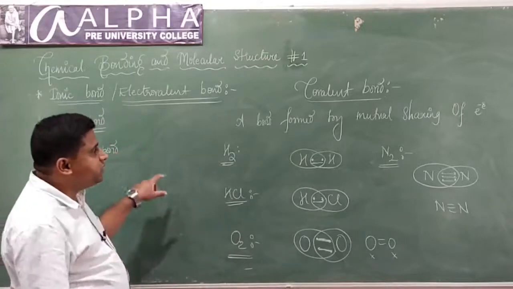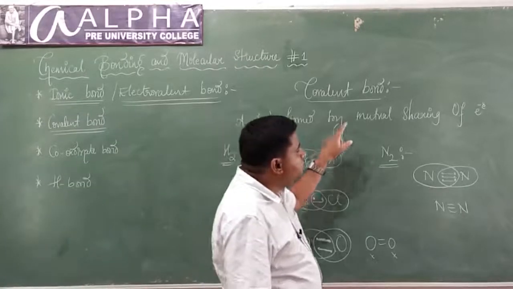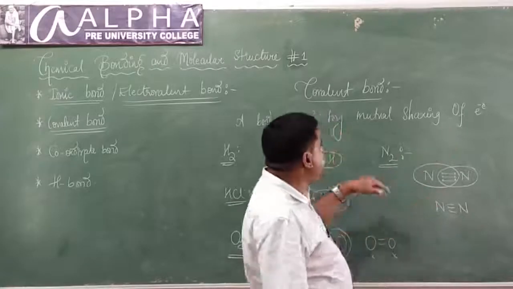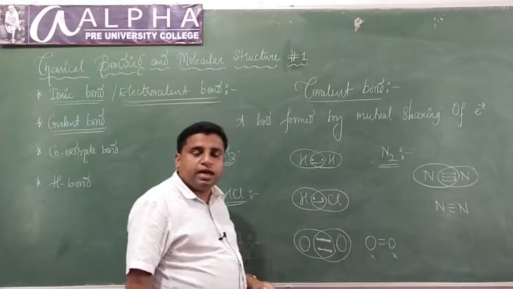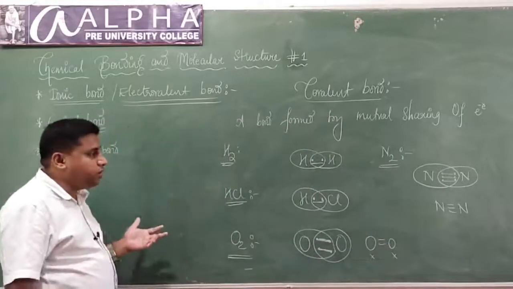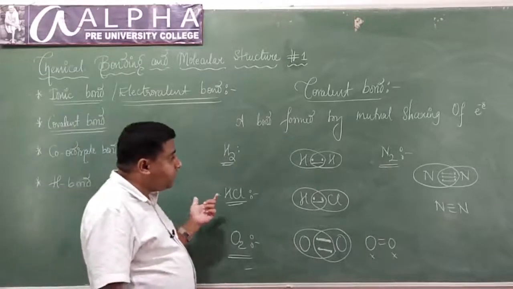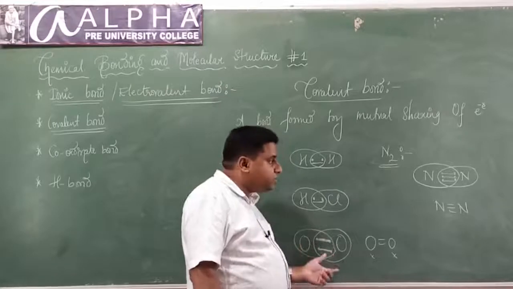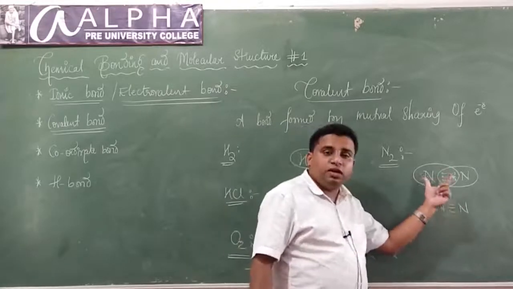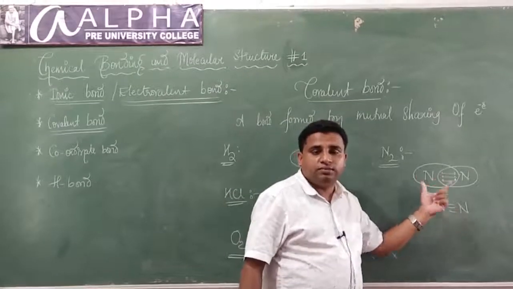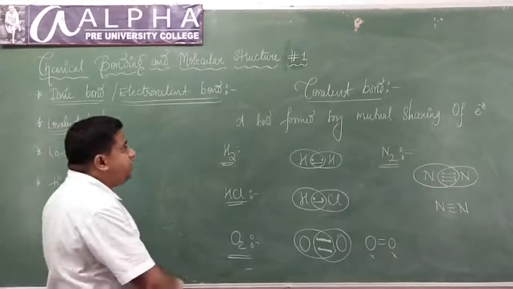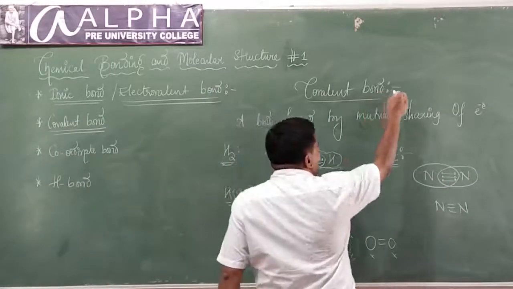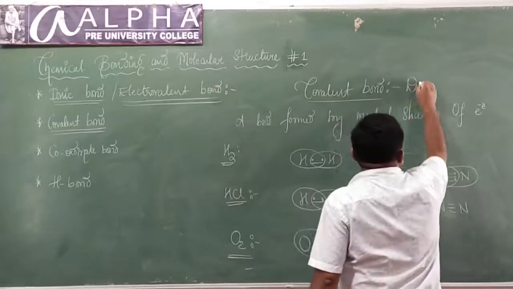So like this, a bond formed by mutual sharing of electrons is called what? Covalent bond. So there can be 1 covalent bond between the 2 atoms, or 2 covalent bonds, or 3 covalent bonds between the 2 atoms. And remember one thing, students, covalent bond is directional.